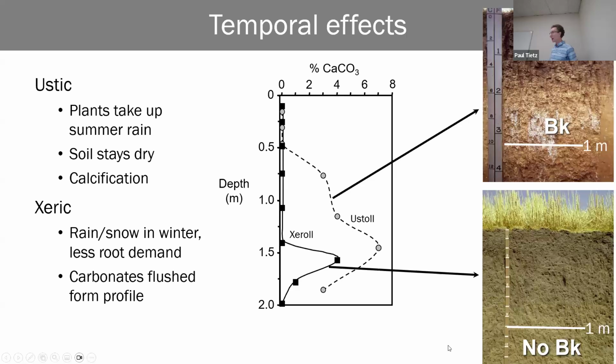This is maybe more of a Bw horizon, weakly developed. There's too much moisture for calcification to be occurring. So in this figure here, this is calcium carbonate as a percent. Maybe these two profiles have the same total amount of precipitation, but just depending on the distribution, you can see calcium carbonate occurring in the soil profile much shallower in this ustic compared to the xeric soil moisture regime.